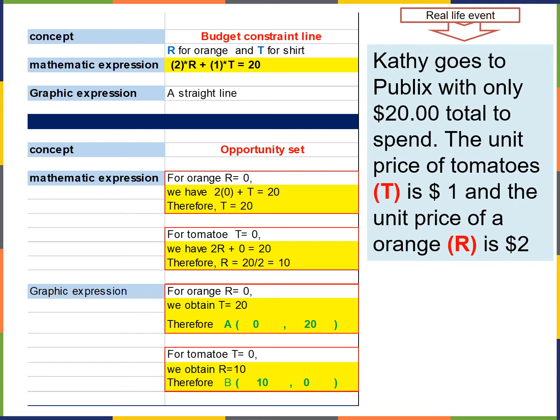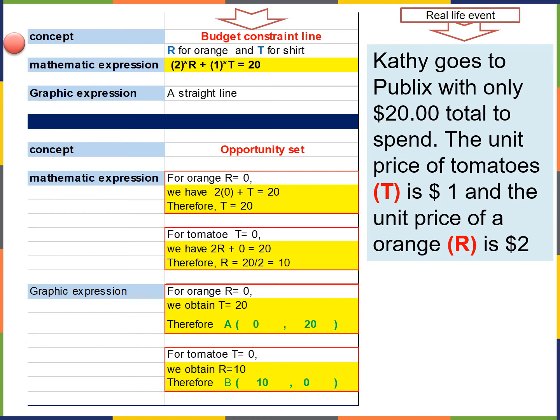This is how we proceed to have a good understanding of studying economics with the various steps. The first step was to look into the real life events. Now we're moving on to describe the concept associated with that real life event.